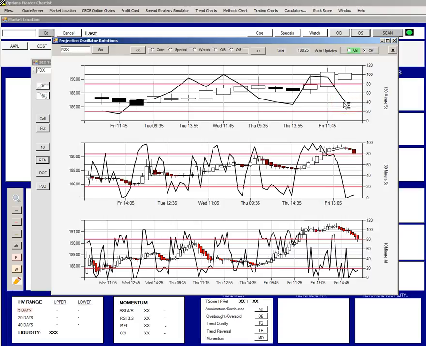What we want to do is look only on the right-hand side of the chart, and we want to be in a position where the projection oscillator, that's this oscillator on all three panels, is going from the low point, the oversold point, and moving up higher. That would indicate that we're timing this trade in the best possible situation, when all indicators are at the bottom and moving up.